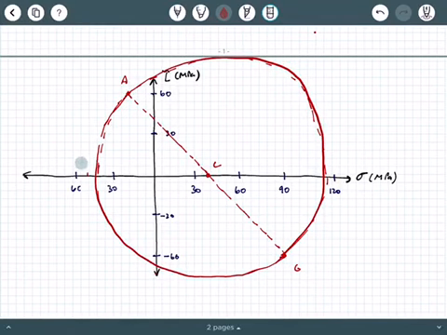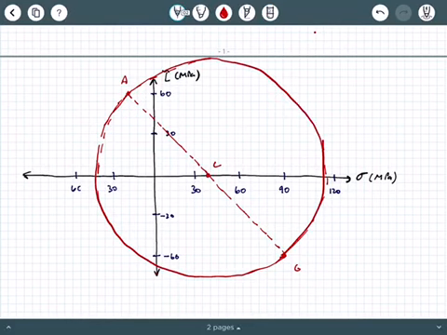And this isn't too bad. Okay, and then I'm going to clean this up a little bit.